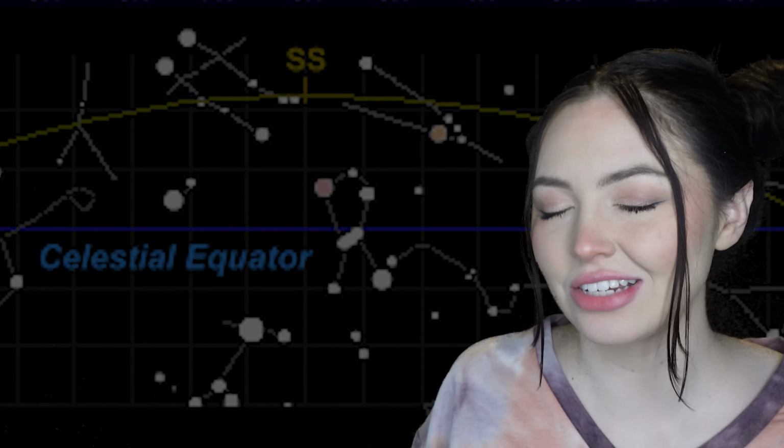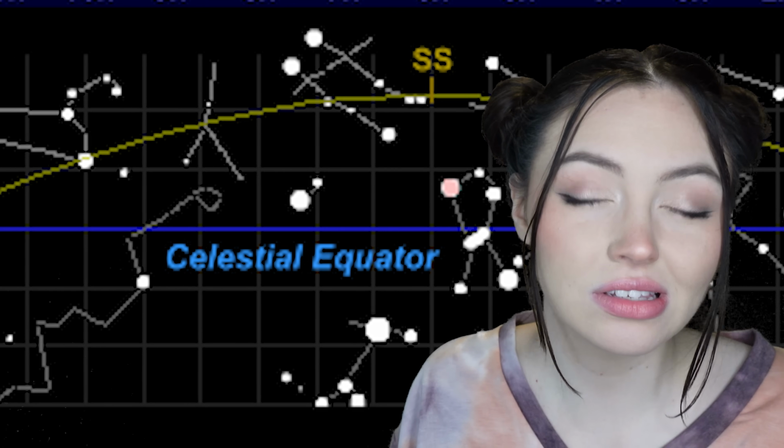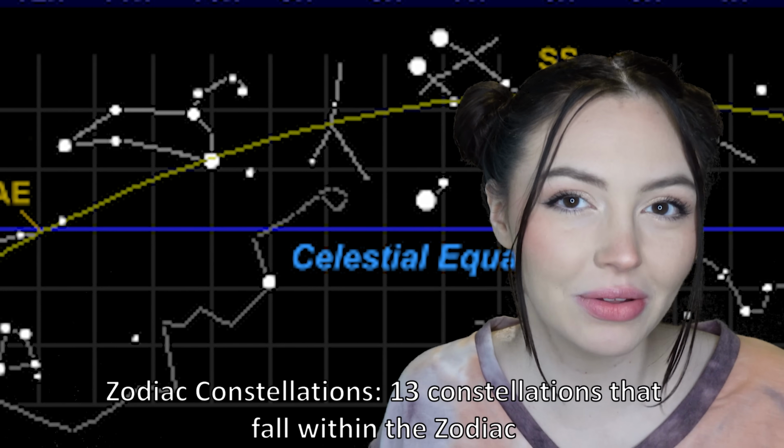And of course, I have my script right here with me. This is going to be part one of maybe 2 or 3 videos, so I was really excited to start this. But anyway, let's get into it. What are the Zodiac Constellations? Well, they are the 13 constellations that are found on the Zodiac Belt.